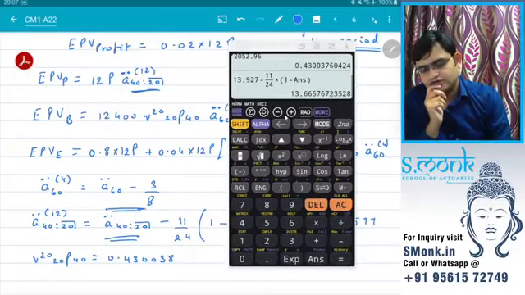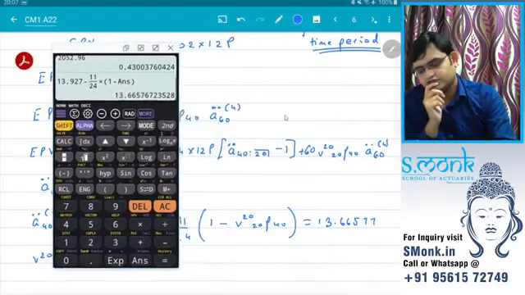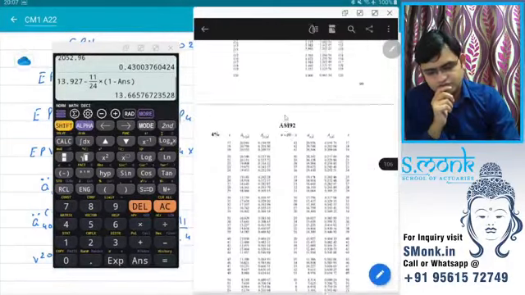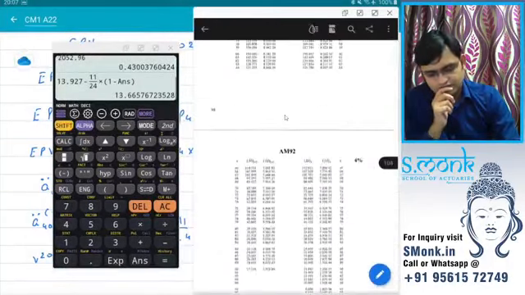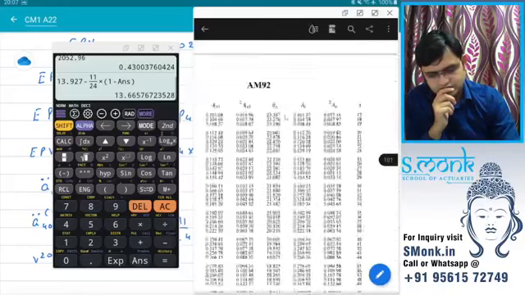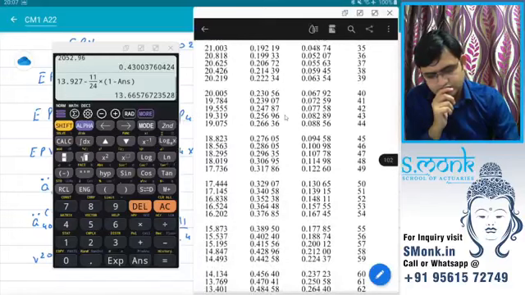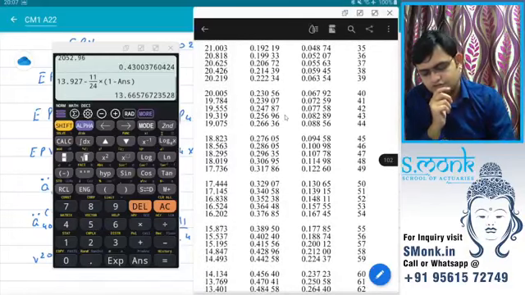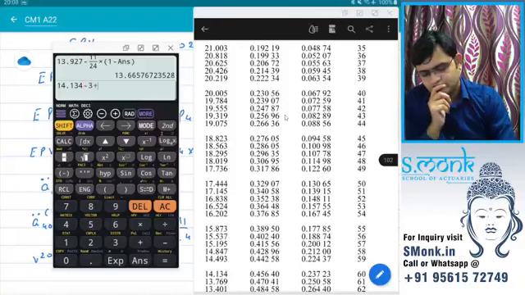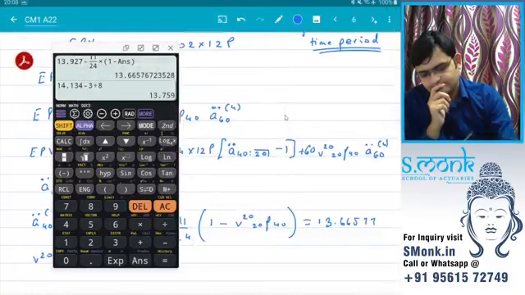And then a due 60 minus 3 by 8, a due 60 for 4%, a due 60 will be 14.134, which gives 13.759.